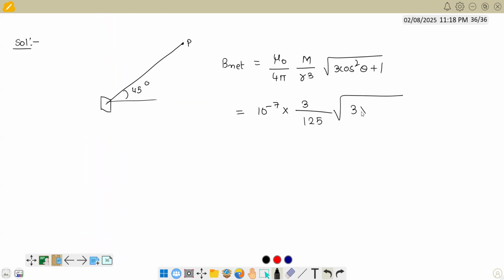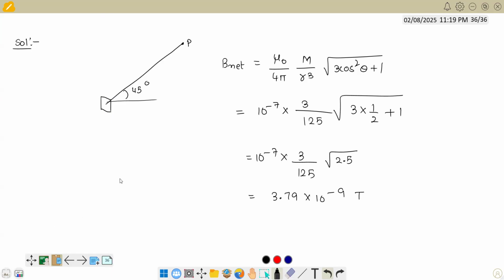Root of 3 into cos square 45 degrees. Cos square 45 is 1 by 2, plus 1. So 10 power minus 7, 3 by 125, into root of 2.5. So this will be the answer. If I use a calculator, approximately I'll get 3.79 into 10 power minus 9 Tesla.